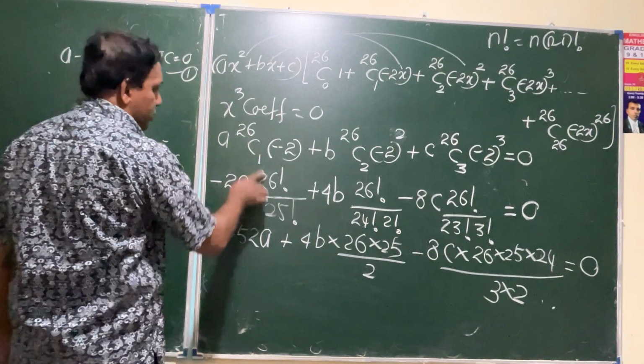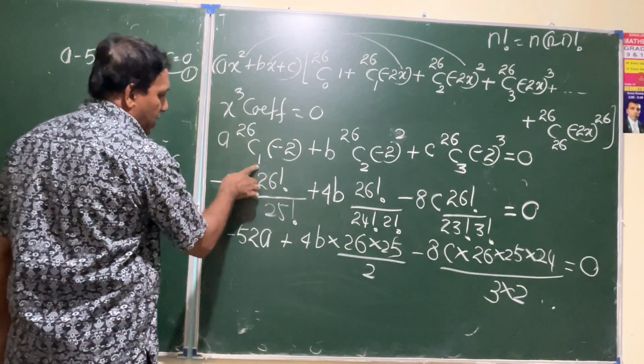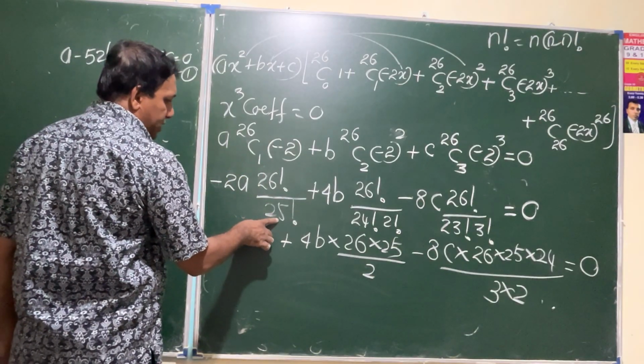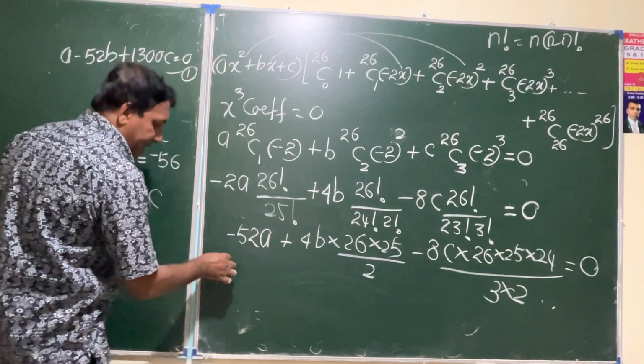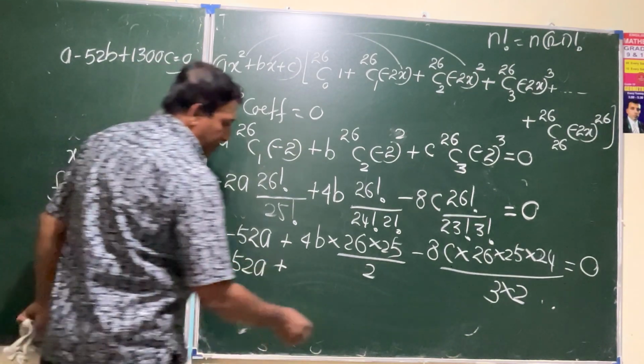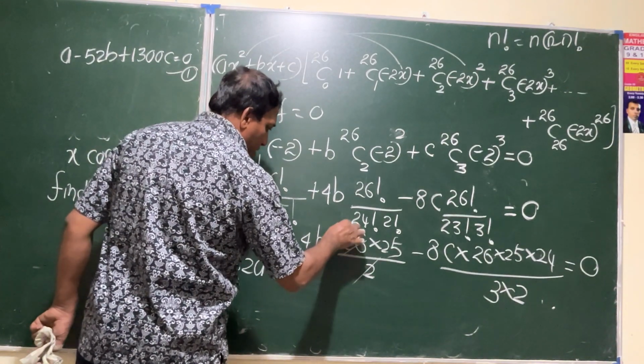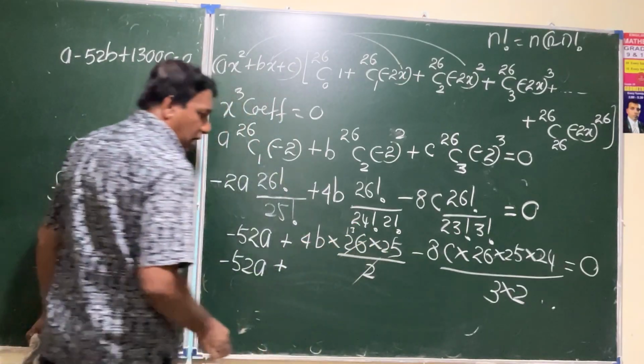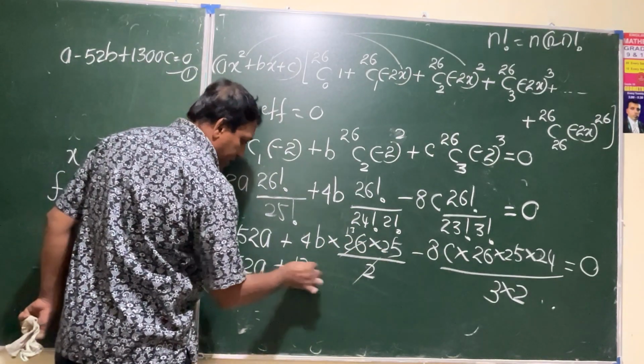Okay, factorial 26, 26 minus 1, 25, right? So here, yes, so negative 52a, right? Plus you can simplify this here, 13, like that here, 1,300b, right?